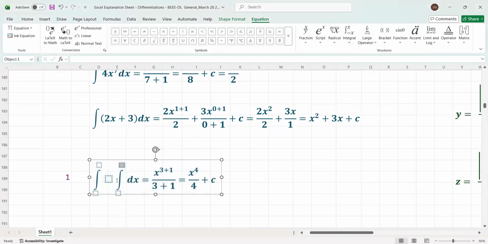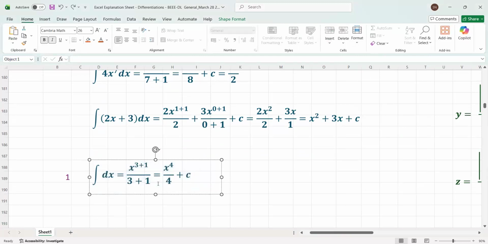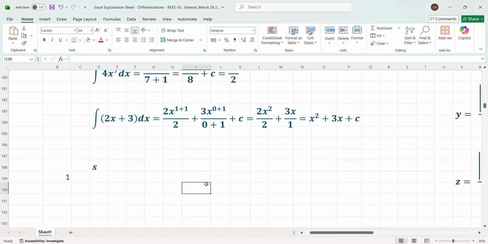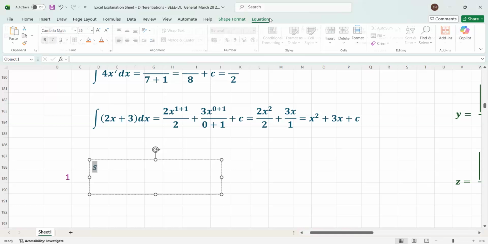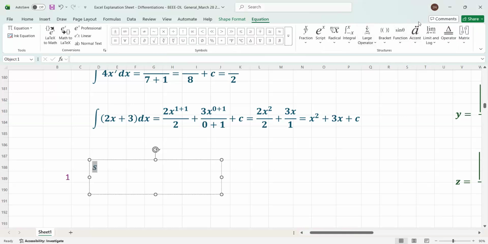Okay, now I can do it. So, definite integral. The upper limit was 3 and the lower was 1, and then this was in brackets 4x minus 1, and then dx.